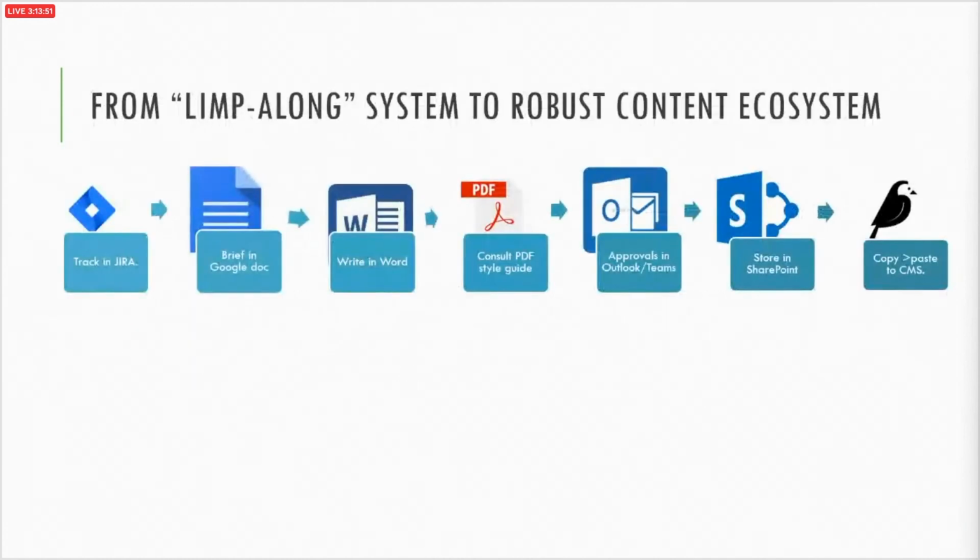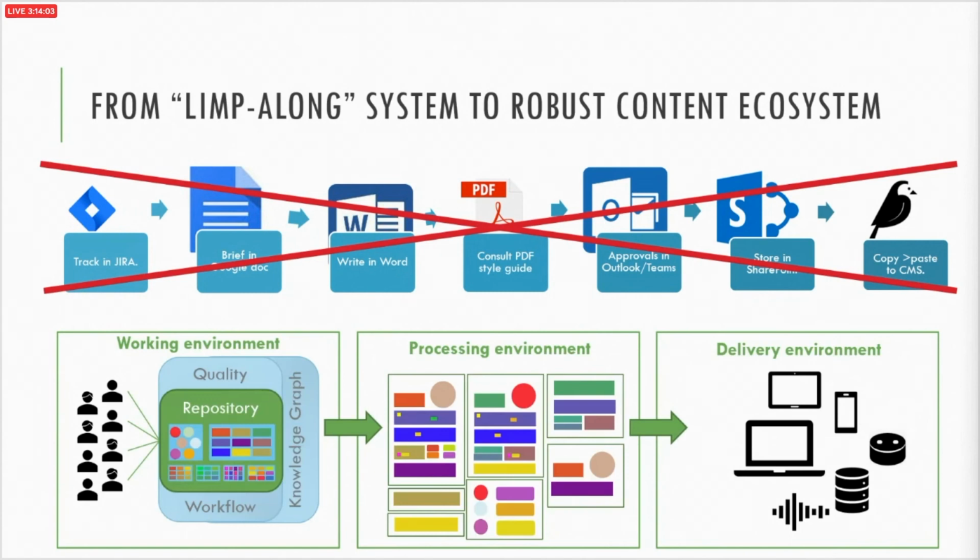So if we go from this, what I call the LIMP-ALONG system, to a robust content ecosystem, what do we have? So I drew one kind of a simple generic one, and it looks like this: you have to have a working environment where the authors can do their work.